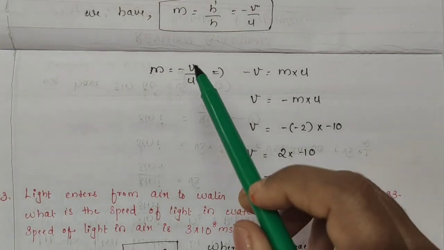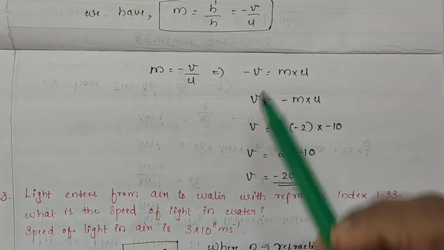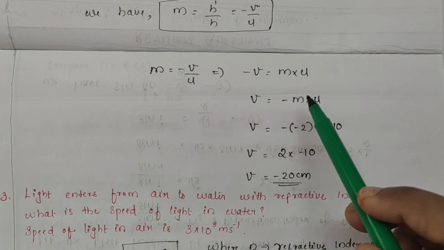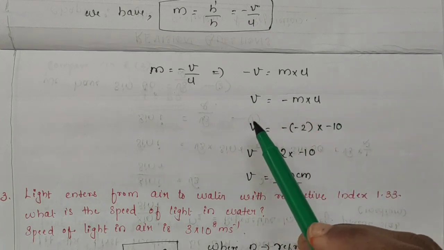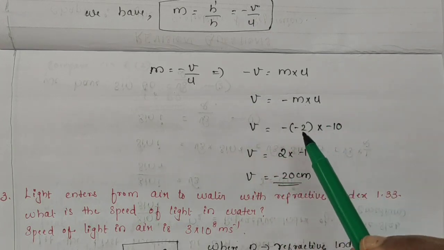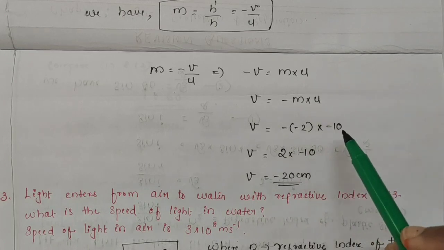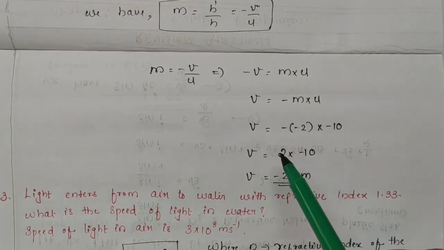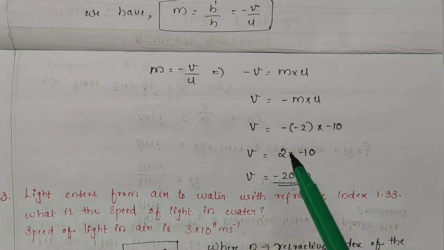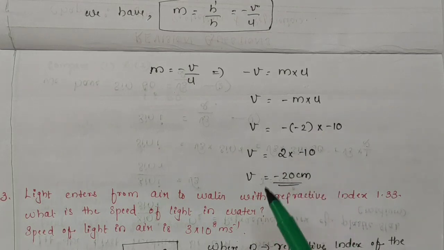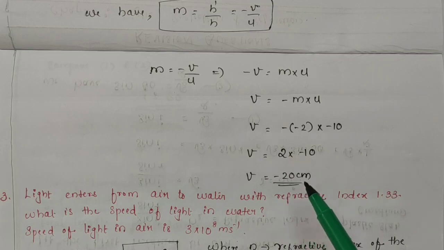Alright, so from this we can write minus v is equal to m into u, or v is equal to minus m into u. Okay, so v is equal to minus, what is m? m is minus 2 into u is minus 10. Minus into minus 2 is plus 2 into minus 10. 2 into minus 10 is what? Minus 20. So v equal to minus 20 centimeters. Okay.